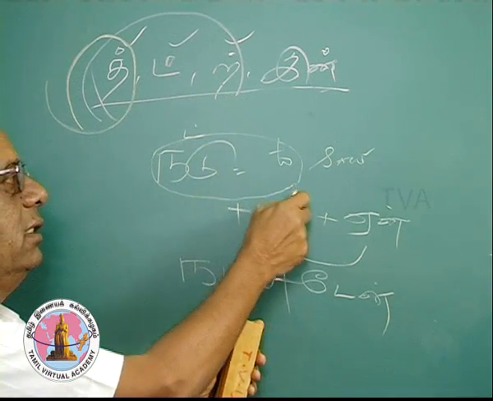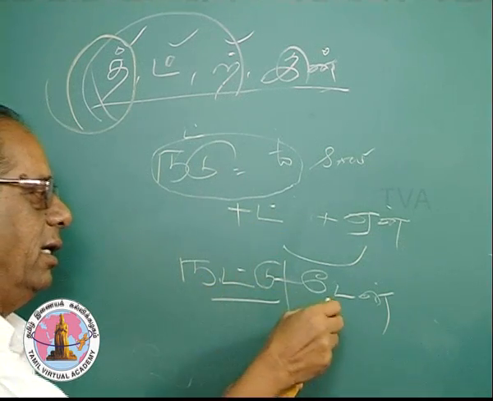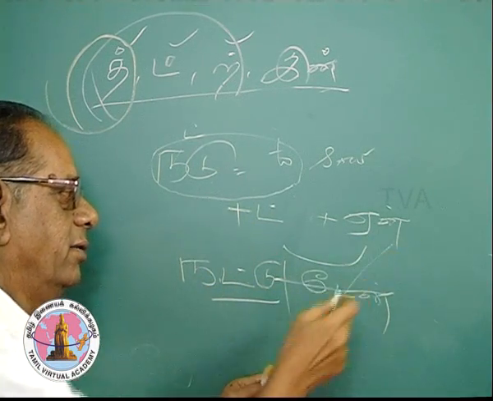"Nadu" plus "it" becomes "nattu," and then "n" is added.